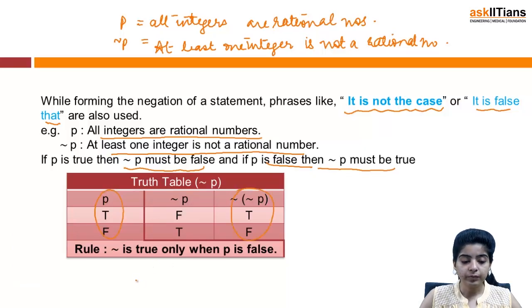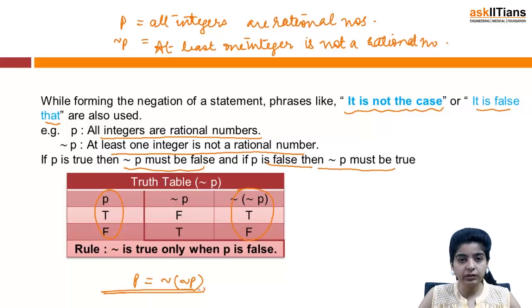So this is quite obvious also. In fact, P is equal to negation of negation P. This is a fact that P will always be equal to negation of negation P. And the rule is negation P is true only when P is false. Obviously P has to be false, only then negation P will be true, right?